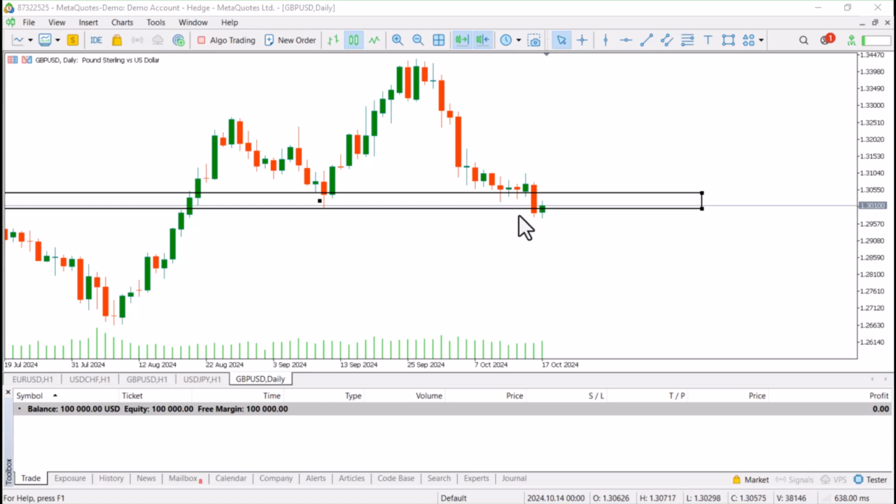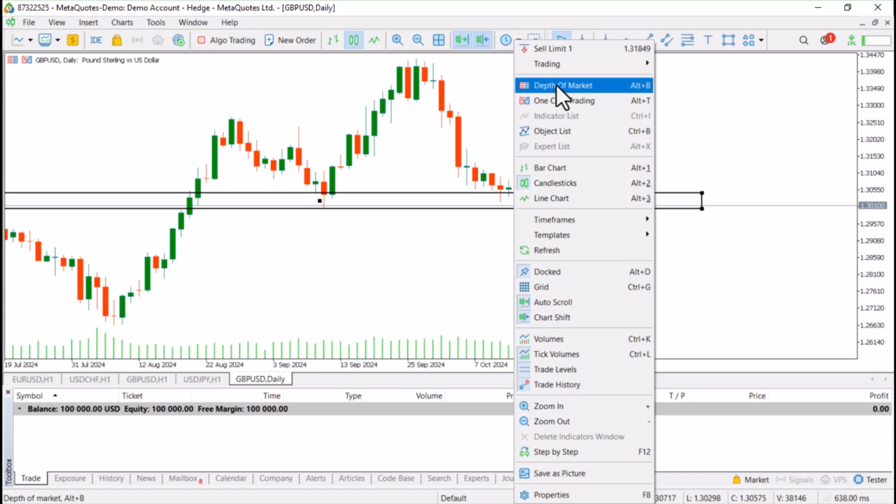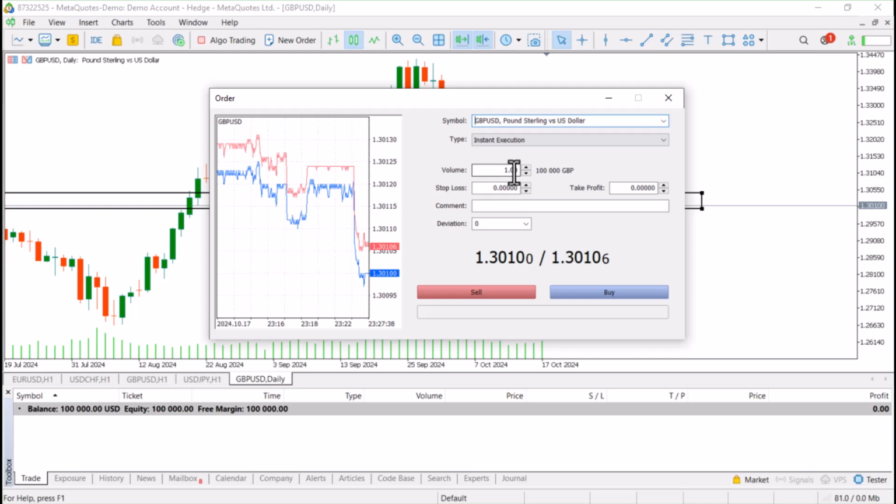Now let's say for instance, you execute a one lot size in this account. You go to new order and you execute one lot size, and you set your stop loss to be 1.29570 and then you target 1.33.